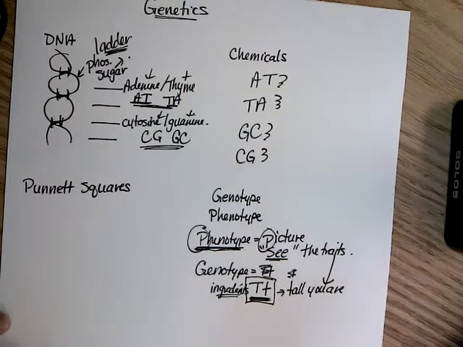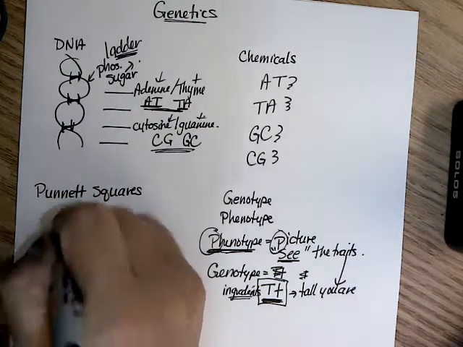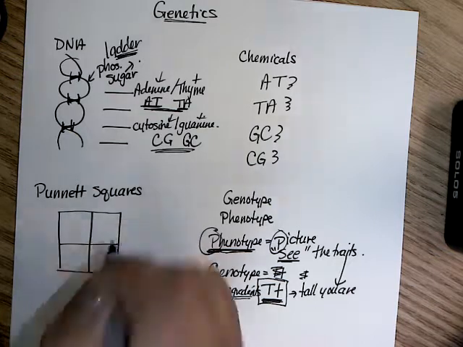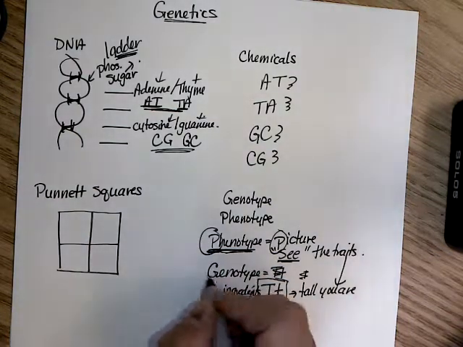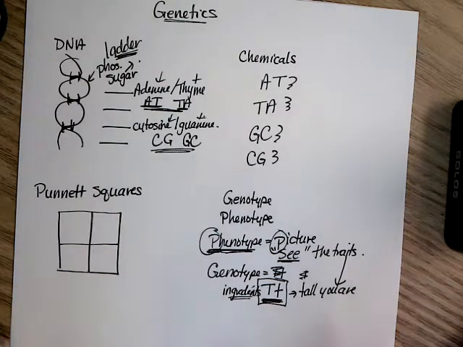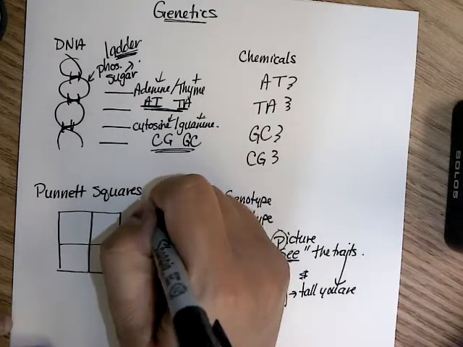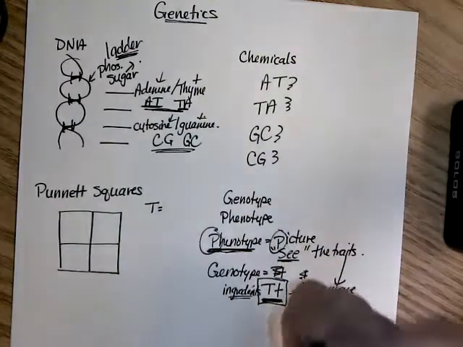All right. So let's put everything together in a Punnett square. And a Punnett square is literally a square broken into 4 groups that go over traits. So I'm going to say big T is going to be dominant, and dominant is always capitalized.